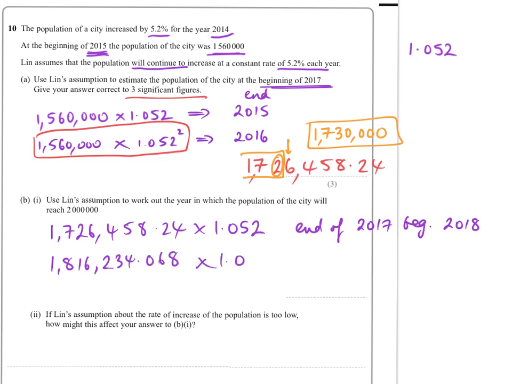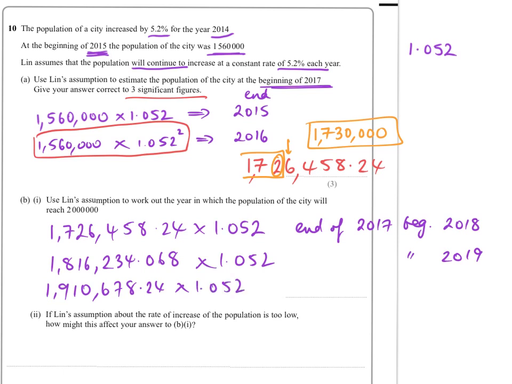So I'm going to times it by 1.052 again, and that's going to be the beginning of 2019, and so here's the population that I've got. Just going to get rid of that little mistake. Hold on. Let's change this here. So it's 0.24 and times it by 1.052 again.